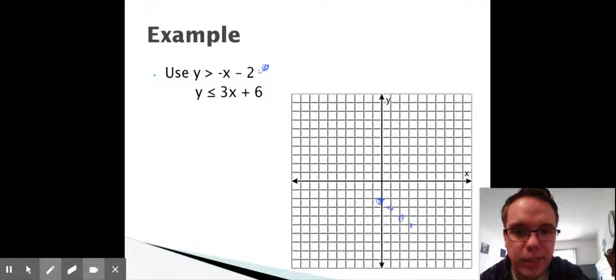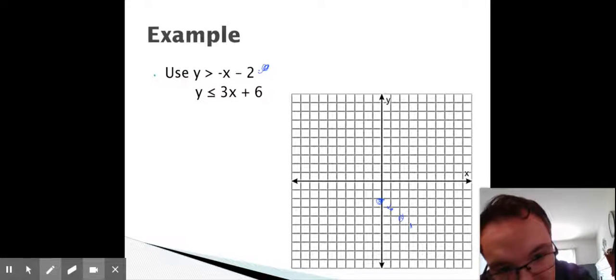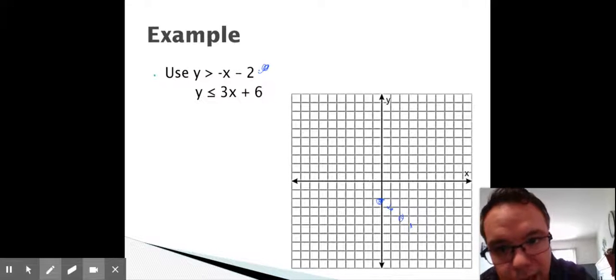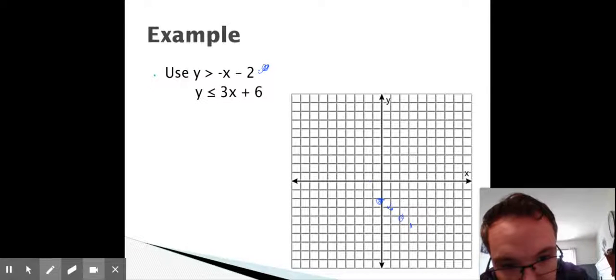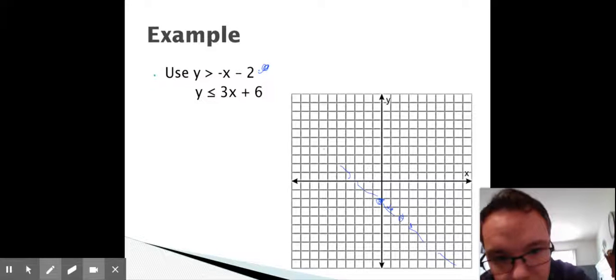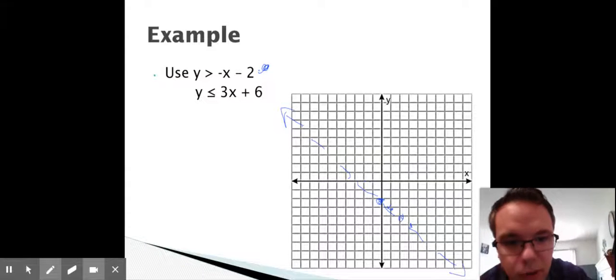And then remember, we're going to make that a dotted line because it's a greater than symbol. And so all the points on our line are not part of our solution. So we're going to make a dotted line. And then we're going to test a point.